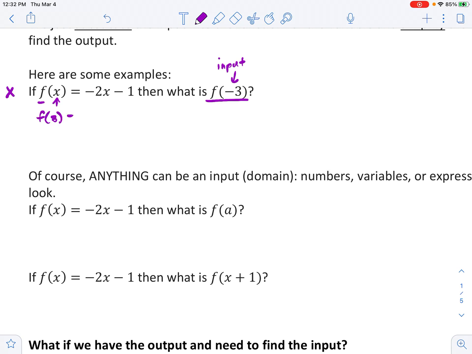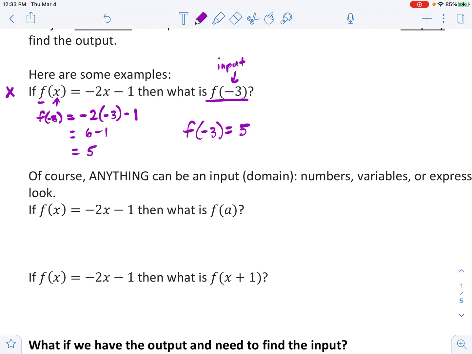So f of -3 would look something like this. Instead of -2 times x, now x is equivalent to -3. Now the input is -3. And so f of -3 is equal to -2 times -3 minus 1, which is 6 minus 1, or 5. So f of -3 is equal to 5.